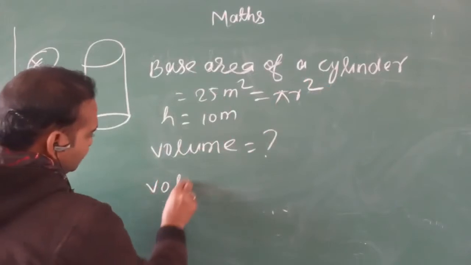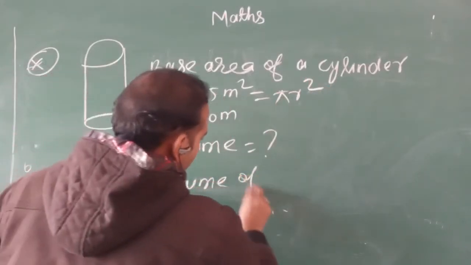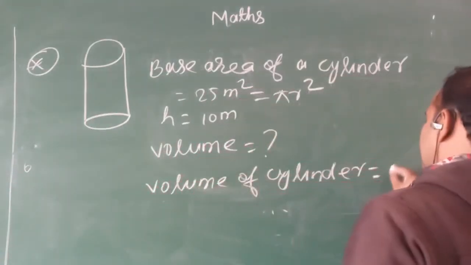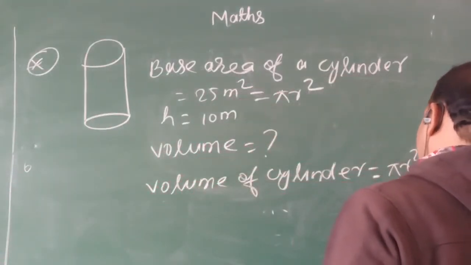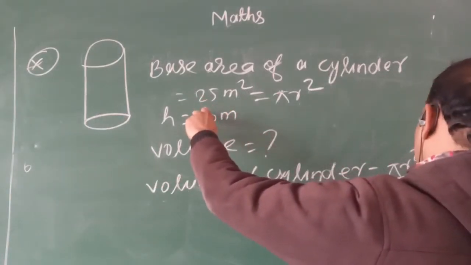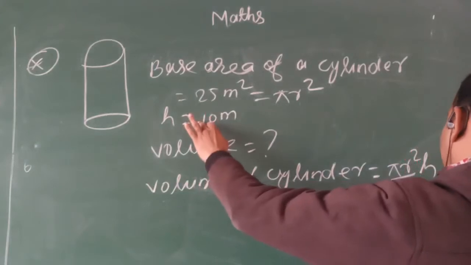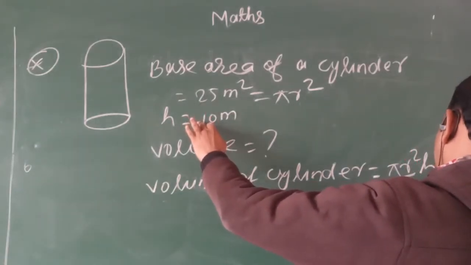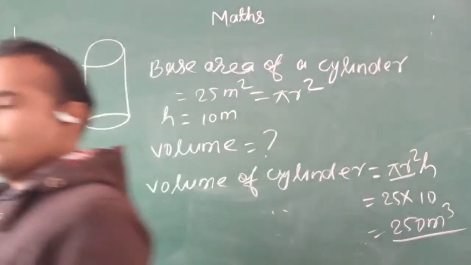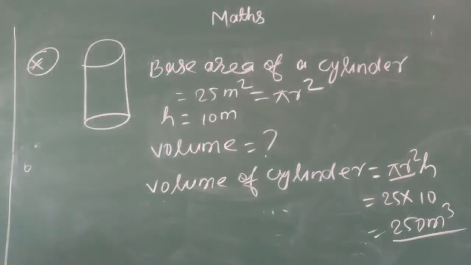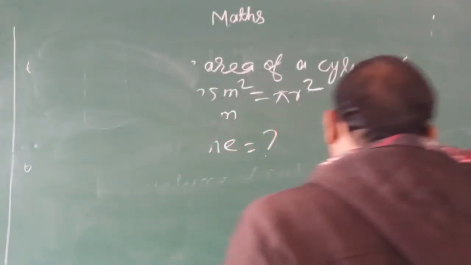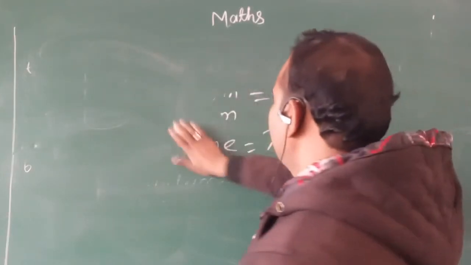Volume of a cylinder is pi r square h, and pi r square is given as 25, and height of the cylinder is 10, that is 250 meter cube. Now I think you feel it easy to solve.